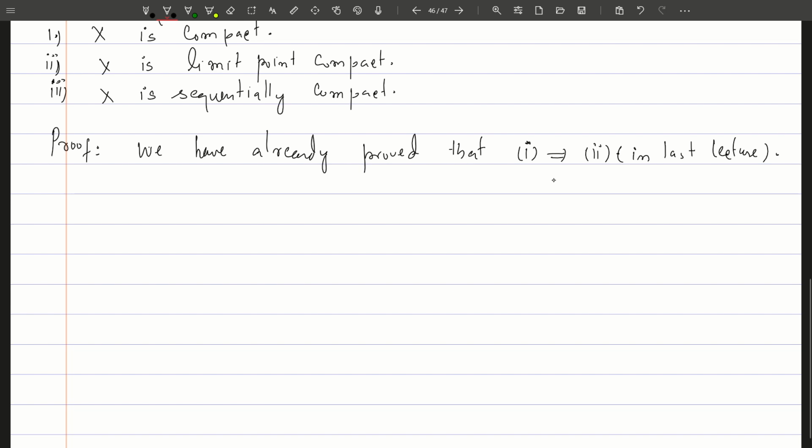Now to prove second implies third, we have to assume that X is limit point compact, and we are going to prove X is sequentially compact. So assume that X is limit point compact.